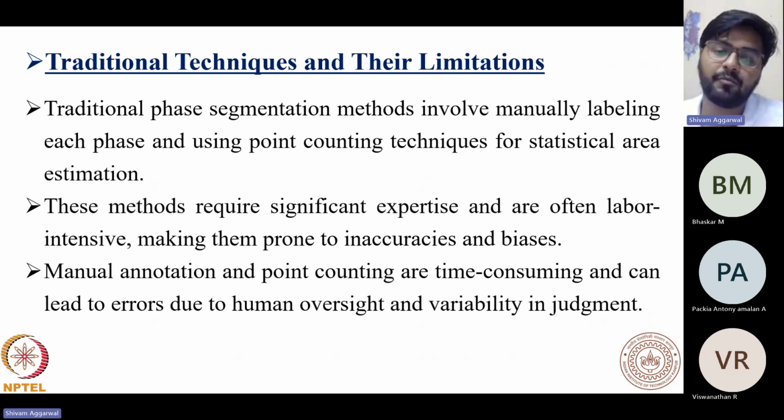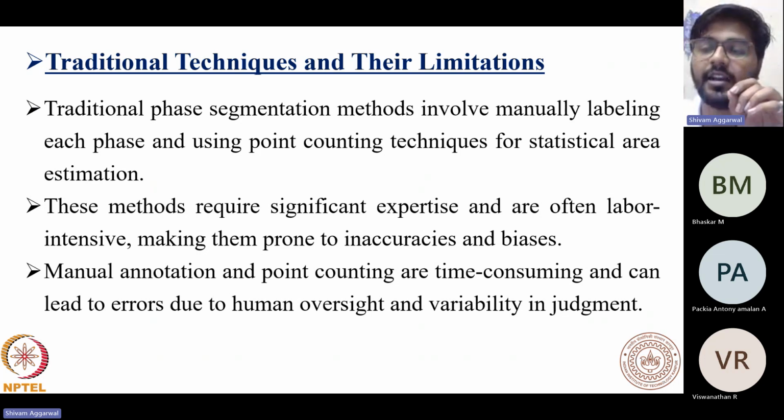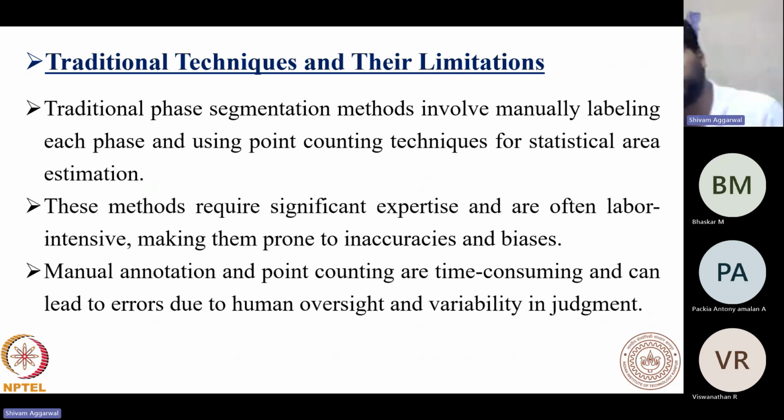You have to view the image on your PC and mark every area as pearlite, ferrite, or any other phase. This manual annotation and point counting is very time consuming, and through it we calculate the area. So it takes time, expertise, and labor.